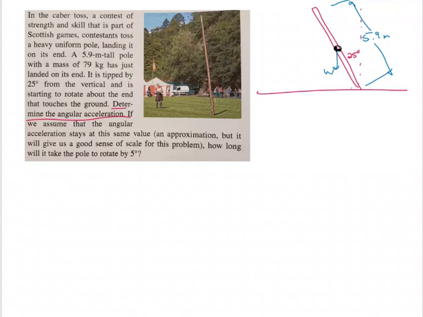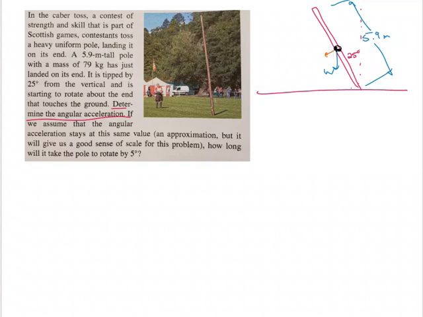Now, what we need to do with that weight vector is we know that torques apply in which direction? In the perpendicular direction, okay? So the weight is not applied perpendicular to this pole. So what we want to do is break this force into a perpendicular component.